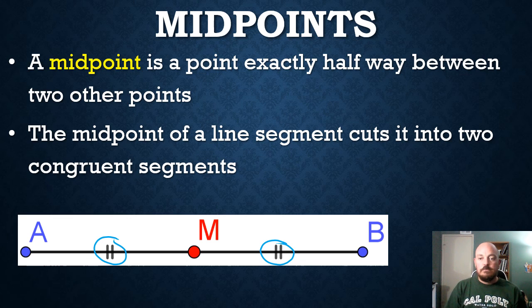But that's okay, as long as it has the same number of those little markers, it means they're congruent. So in this picture, line segment AM is congruent to line segment MB. And that's what a midpoint is.